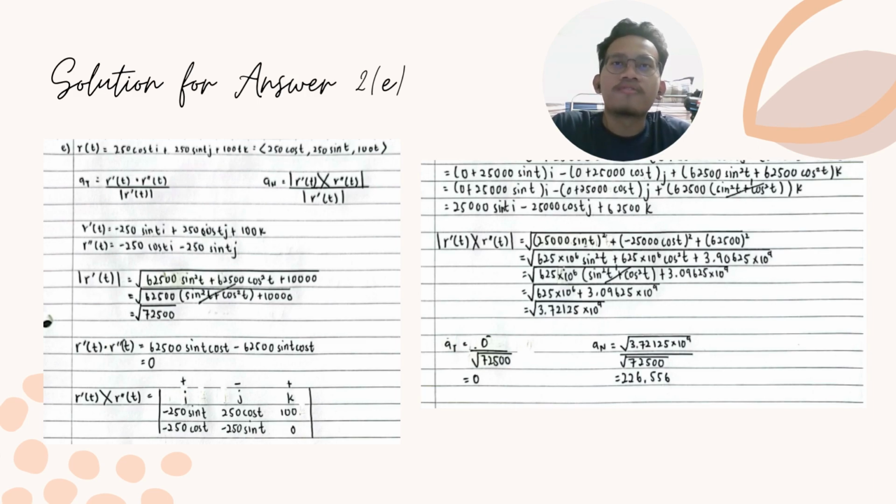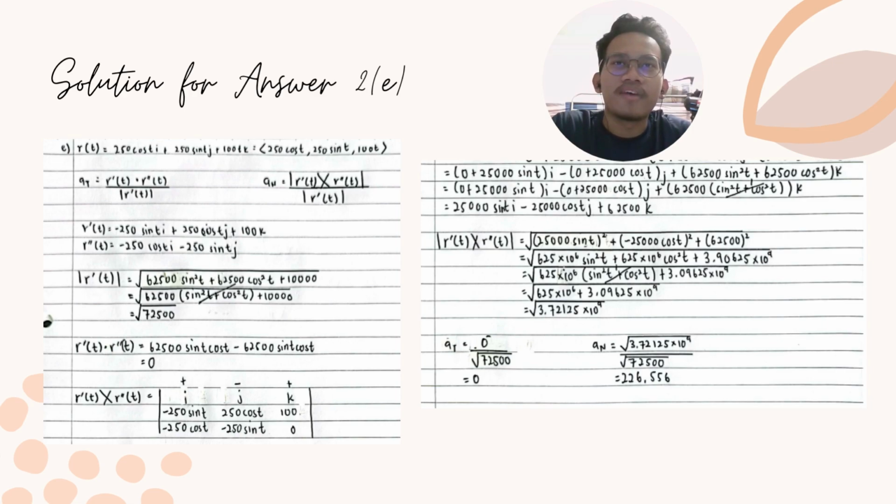For the cross product of the first derivative and second derivative, we use a matrix. For this, we need to close the row and column of the constant respectively.